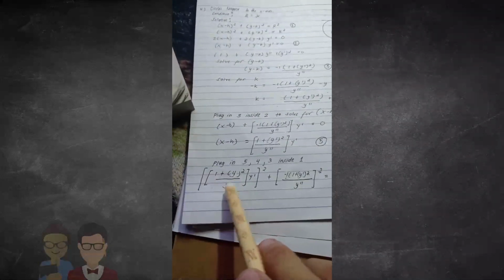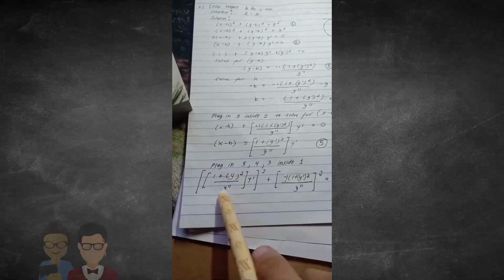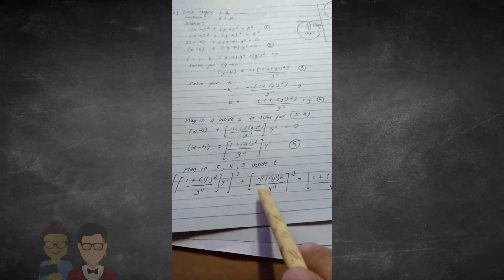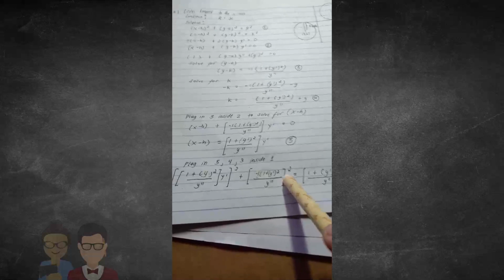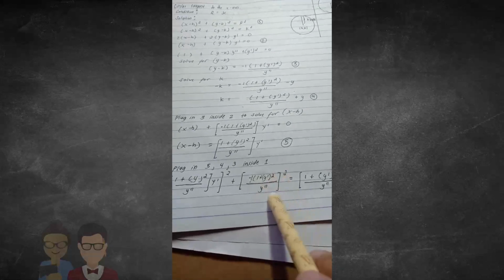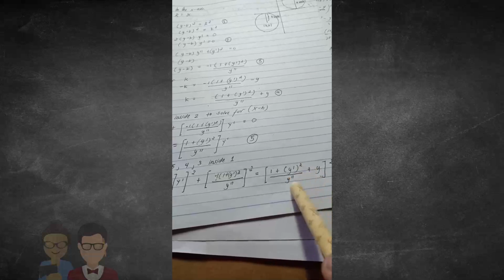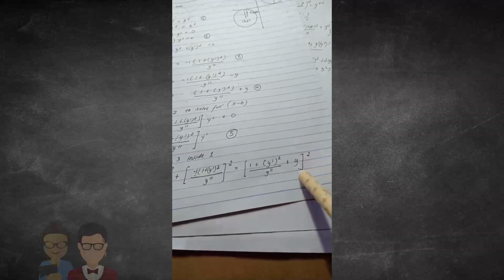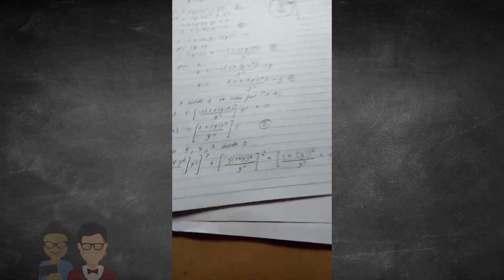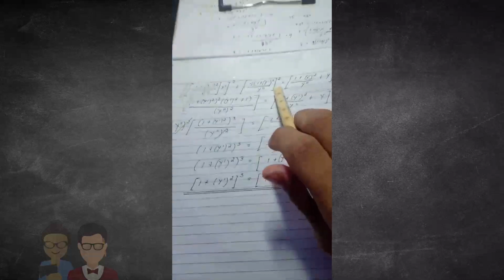So ((1 plus y prime squared) over y double prime times y prime) squared plus (negative 1 times (1 plus y prime squared) over y double prime) squared is equal to ((1 plus y prime squared) over y double prime) squared. So we are going to further simplify this. Okay, just copy it right there.